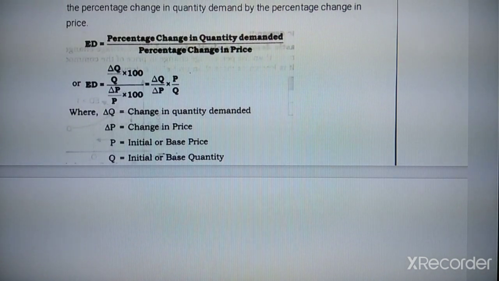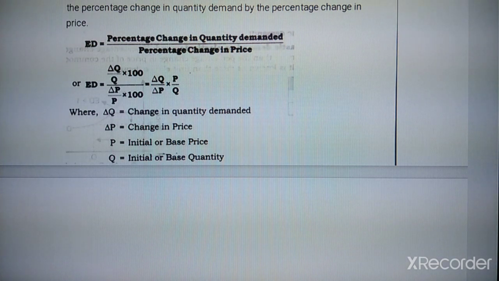Before I move further, let me tell you that mathematically, price elasticity of demand is always a negative quantity. We get it negative because there is an inverse relation between quantity demanded and price. When price increases, the quantity demanded decreases. But for general purposes, we ignore this negative sign, because it simply tells us the inverse relation.